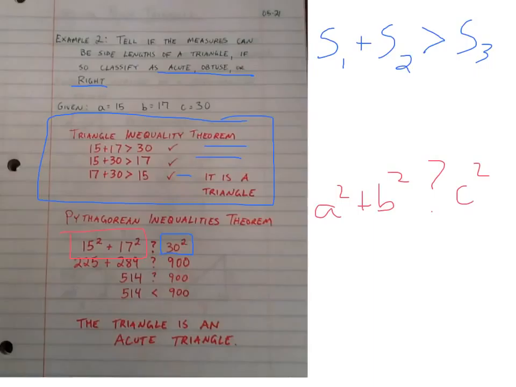So my work here shows 15 squared plus 17 squared is somehow related to 30 squared. And we simplify that equation and we eventually arrive at 514 is less than 900. So by the Pythagorean Inequalities theorem, we are able to say the triangle is an acute triangle.